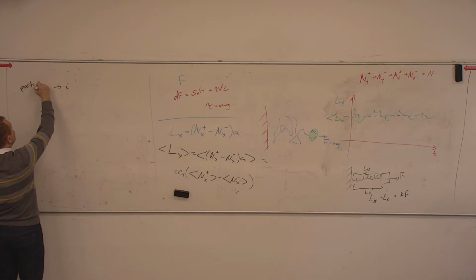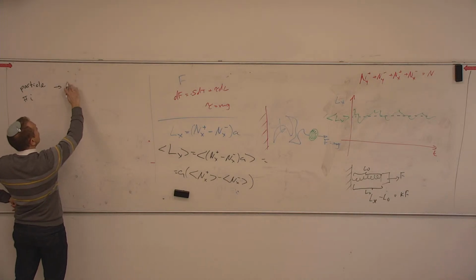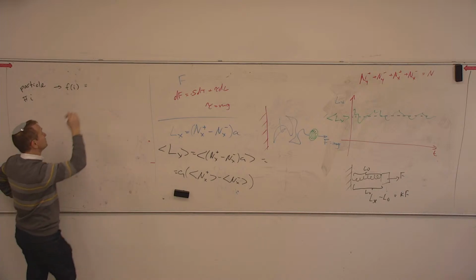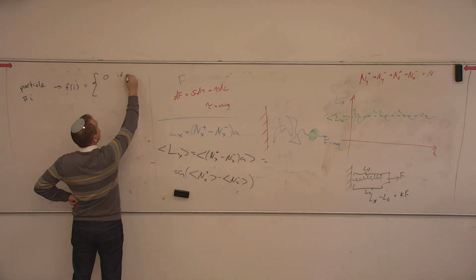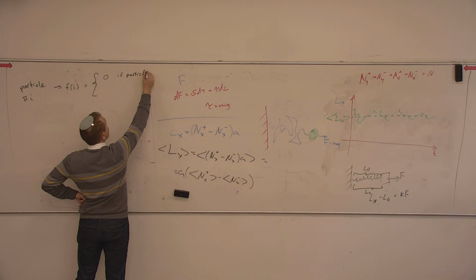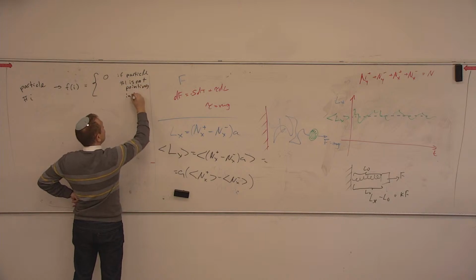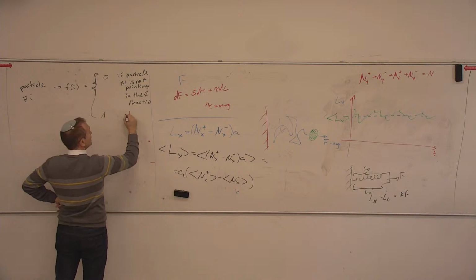For each particle, I have the following: f of i is 0 if particle number i is not pointing in the x direction, and 1 otherwise.